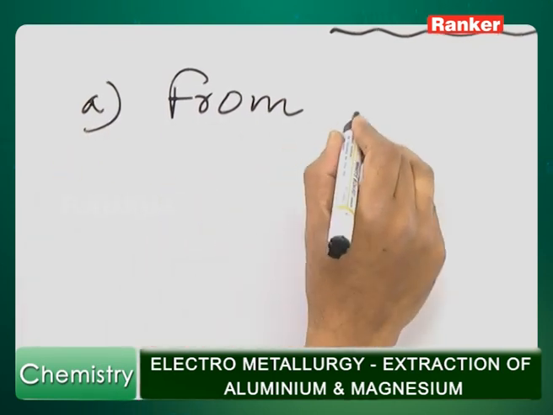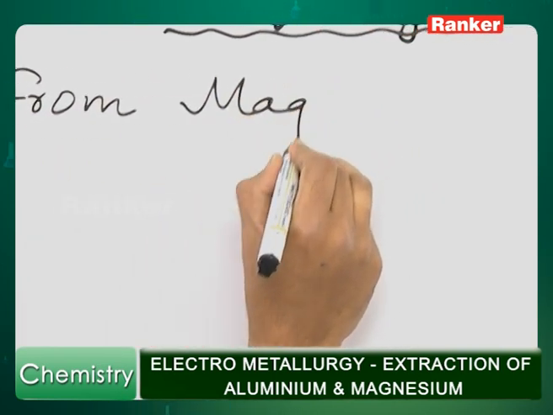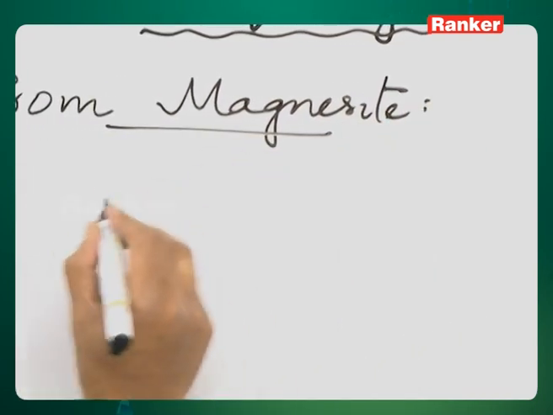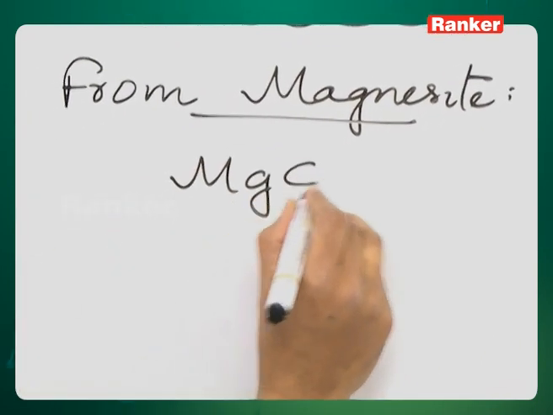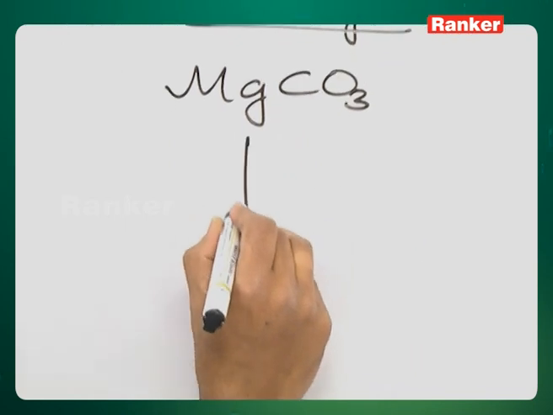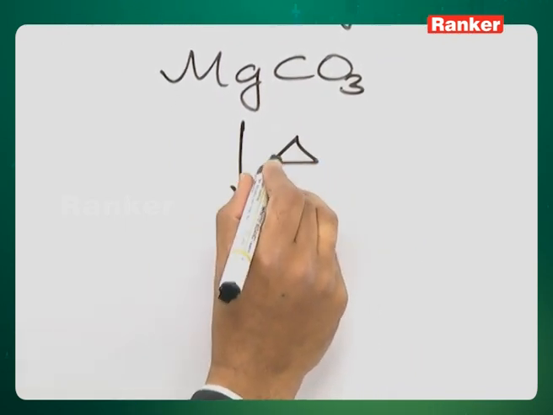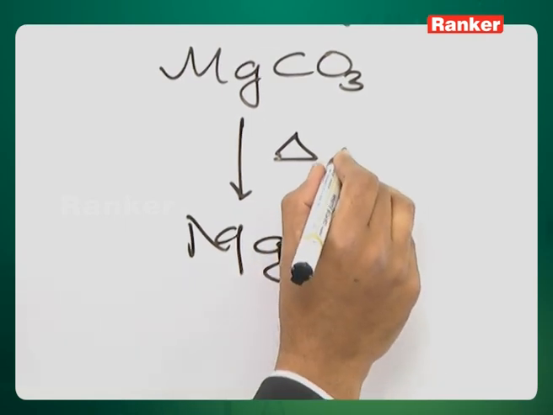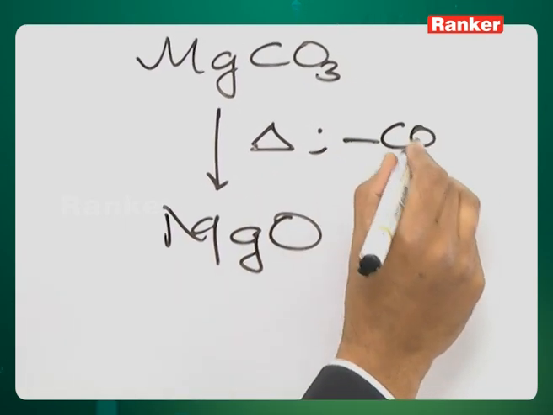A, from magnesite. Magnesite is MgCO3. MgCO3 is heated, it decomposes to give magnesium oxide. Carbon dioxide escapes out.